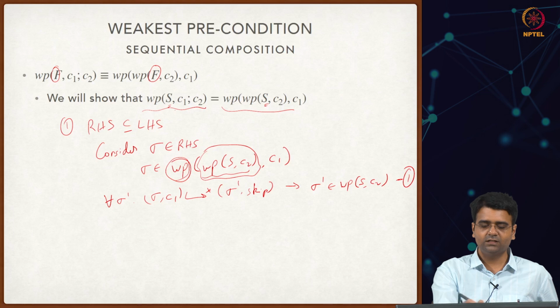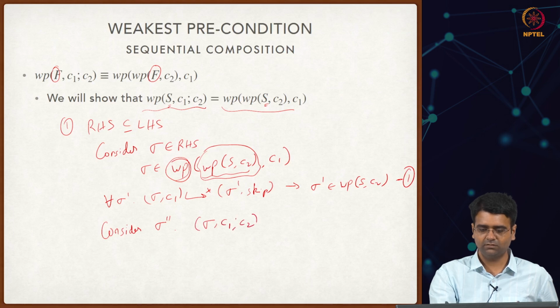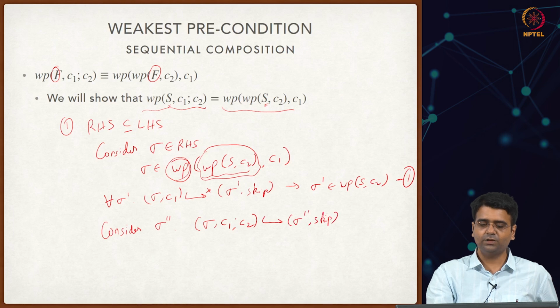So let us consider some sigma double prime such that if I execute C1 semicolon C2 on sigma, I reach the state sigma double prime. In order to show that sigma is in this weakest precondition of S, C1 semicolon C2, I will have to show that this sigma double prime is present in S.